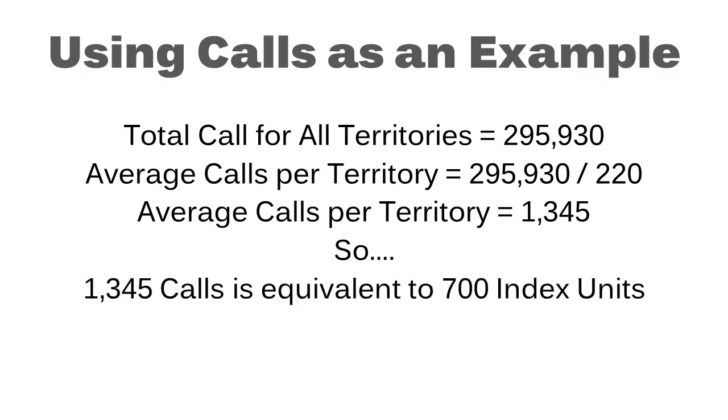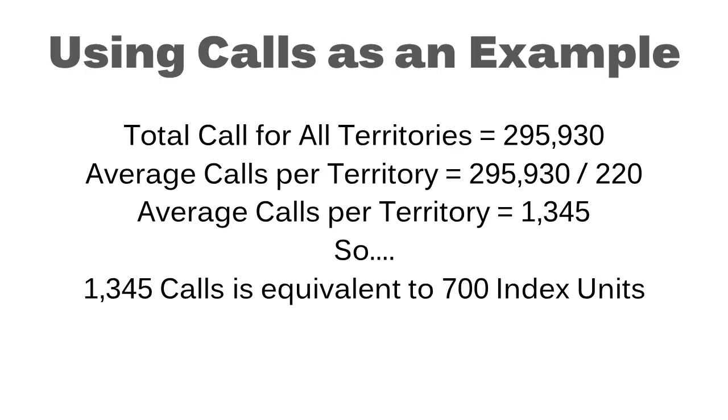So this means that 1,345 calls is equivalent to 70% of that 1,000 index average. So the average territory has 1,345 calls, and the average territory has 1,000 index units, and we're using 70% for the calls.